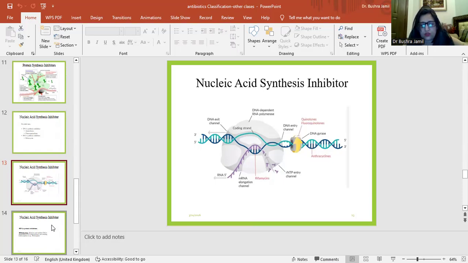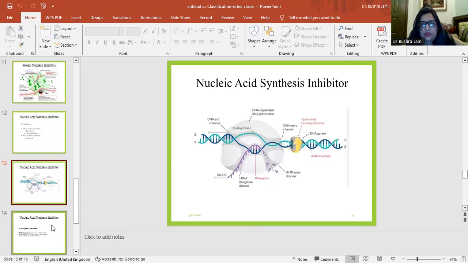There are two enzymes, DNA gyrases and topoisomerases, that play a vital role. They introduce a nick, or a small break, in a single strand of DNA, and thus the supercoiling is released. When the supercoiling is released, it's easier to read the codons present in the DNA strands.